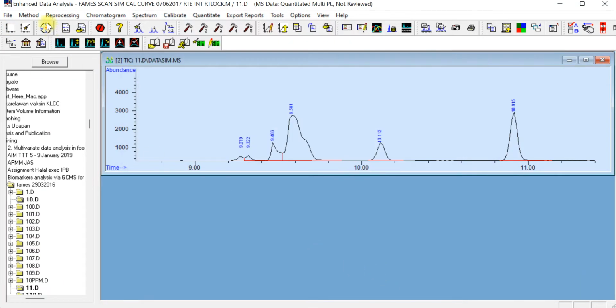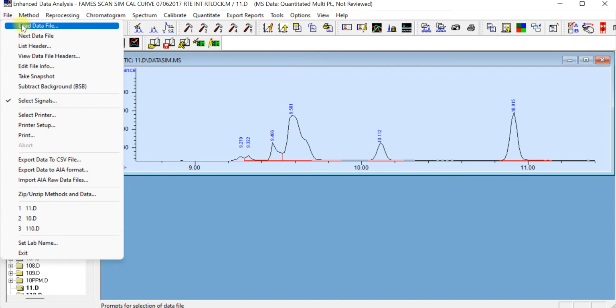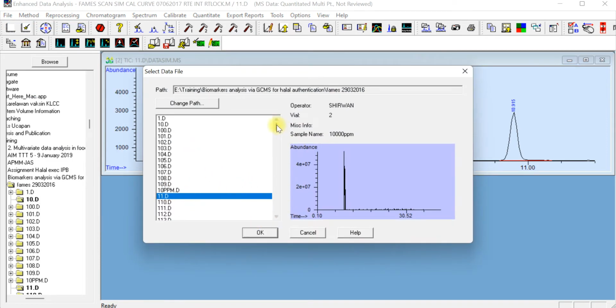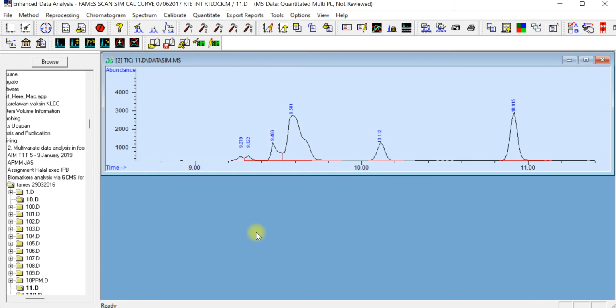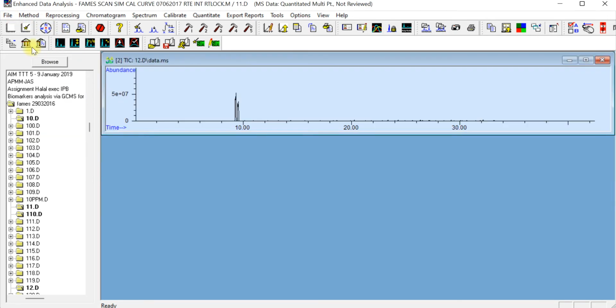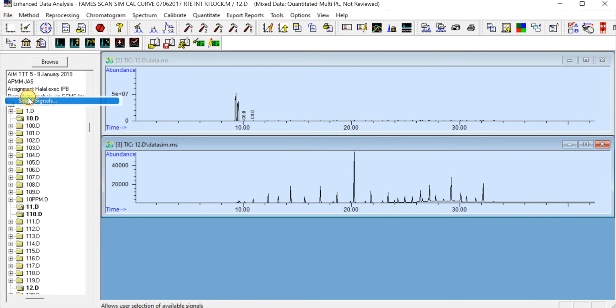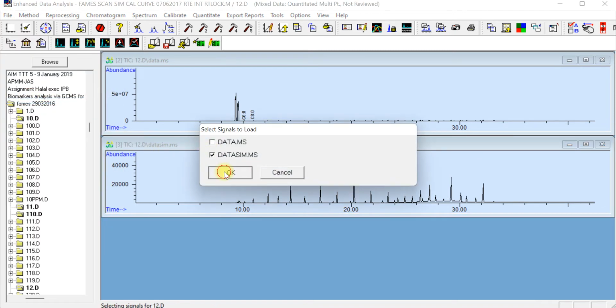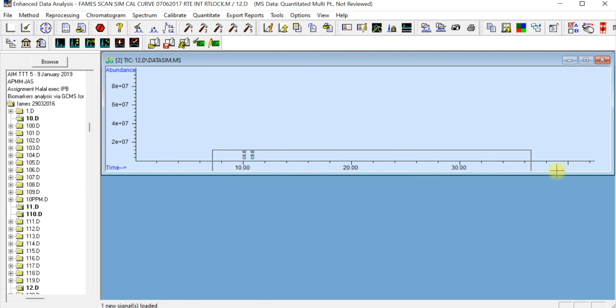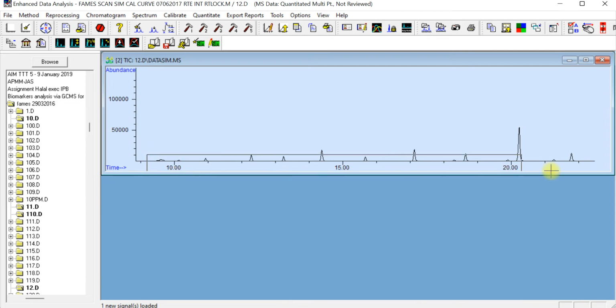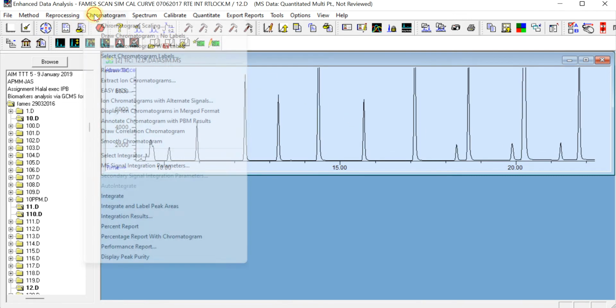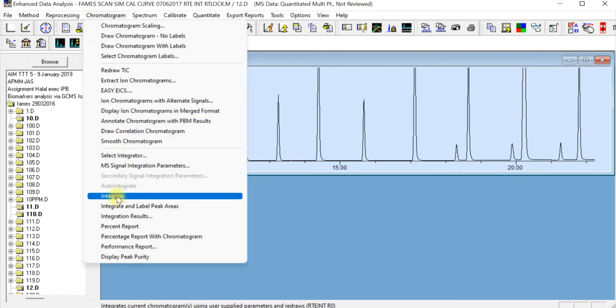Okay, now move to the higher concentration. Just close here, go to here, and load the data file again. I will choose number 12. Okay, again choosing only the data SIM, zooming here and there. Go to chromatogram, integrate.